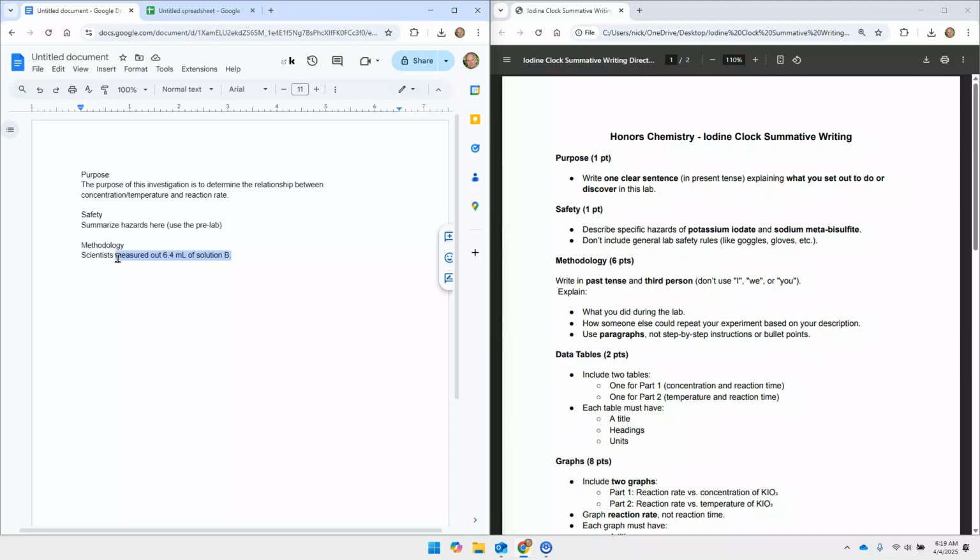So I could say scientists created solution A and solution B by mixing, solution A is the one that we had to mix up, by mixing an amount of potassium iodate and water, and then combined it with solution B. The reaction was then timed and recorded.